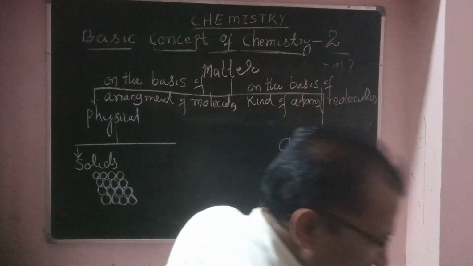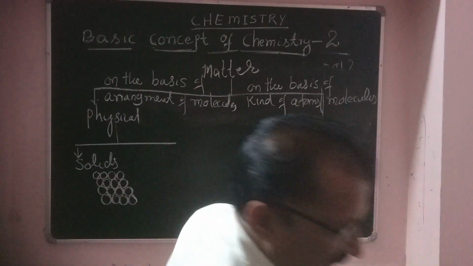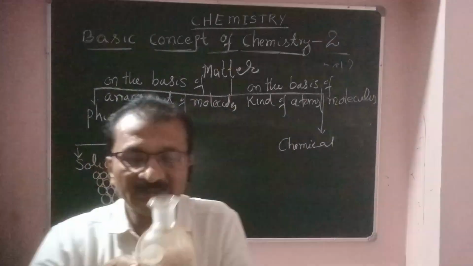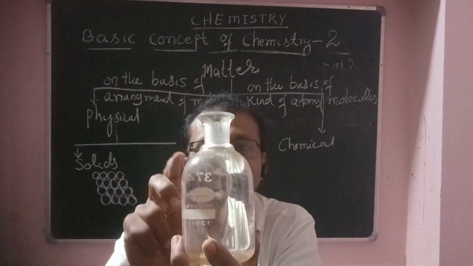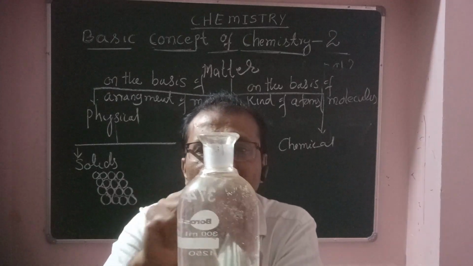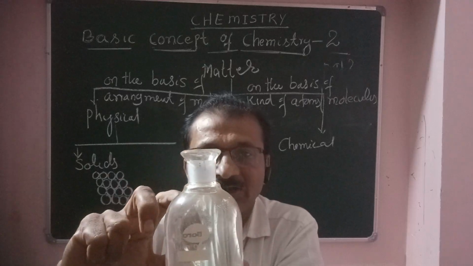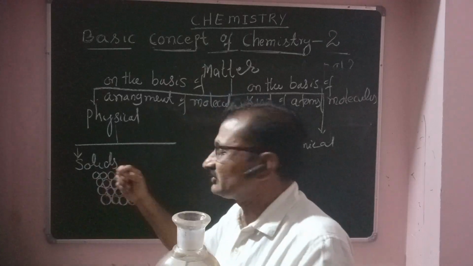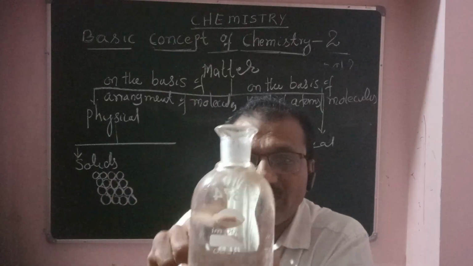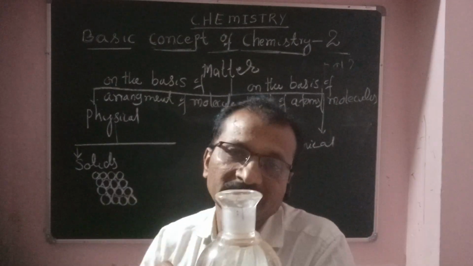Now take the second type of material of matter. This is a bottle containing water. In water, the molecules are not so closely packed like in solids.